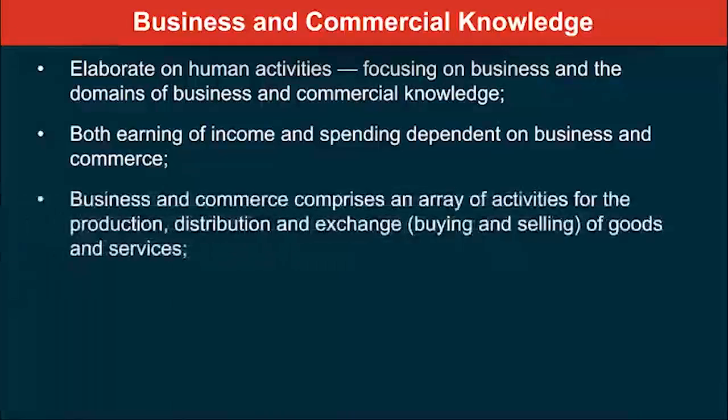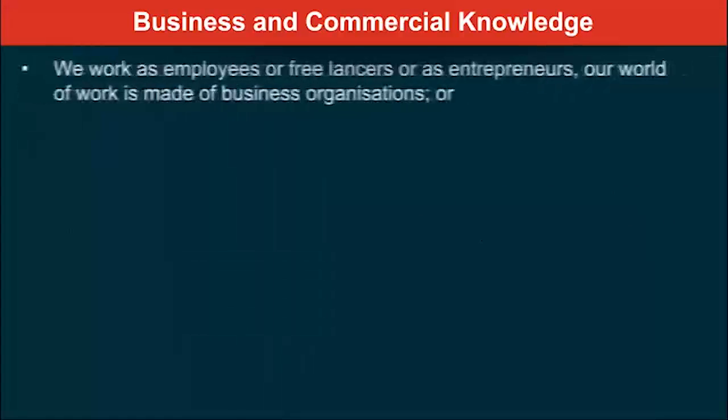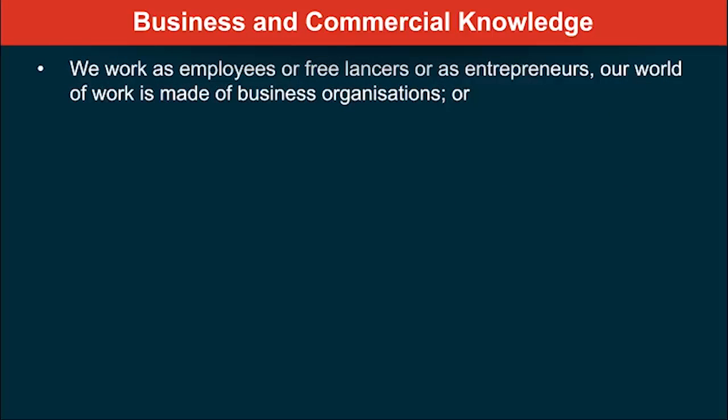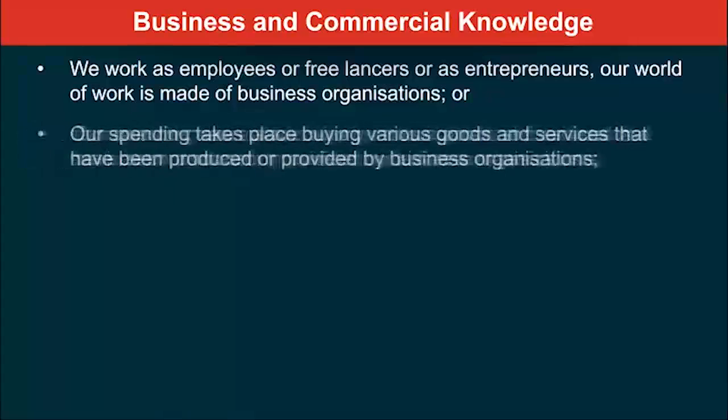So business and commerce basically contain a lot of activities like production, distribution. These we call the functions in a business, isn't it? There is also buying and selling of goods and services. We work as employees or as professionals or as freelancers or as entrepreneurs in the world, and then our world of work is normally business organizations, or we spend to purchase the goods and services which come from these business organizations.